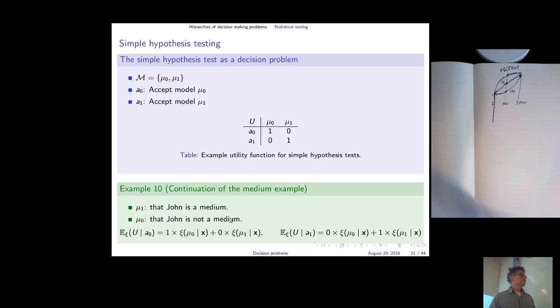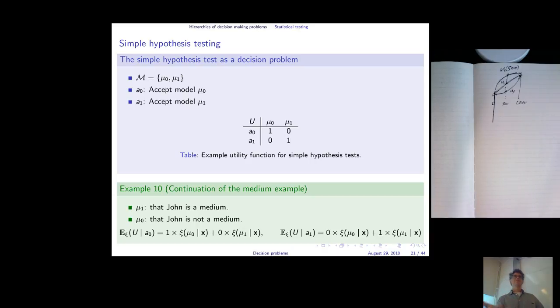So if you go back to the medium example, let's say John is a medium, and let's say now I would like to bet. Yeah? He plays it a few times and he guesses 4 times correctly, and now he says, well, let's bet whether or not I will be able to guess correctly the next time. Now, in this particular scenario, you would be inclined to accept or to reject the bet based on how likely you think he's going to guess. Yeah. So if he says, I will give you €1 if I don't guess, and you will give me €1 if I do guess, then that might be a fair bet if you think he's not really a medium.